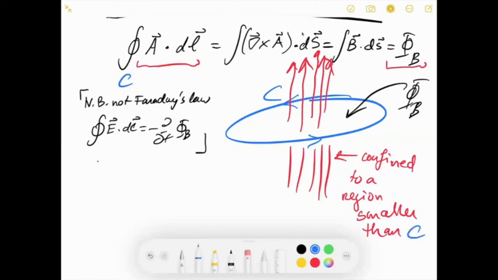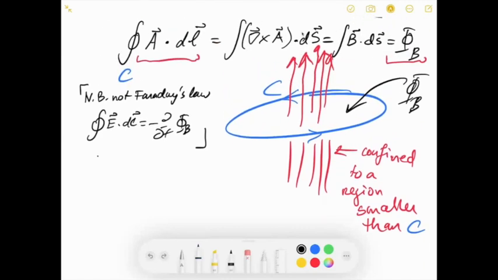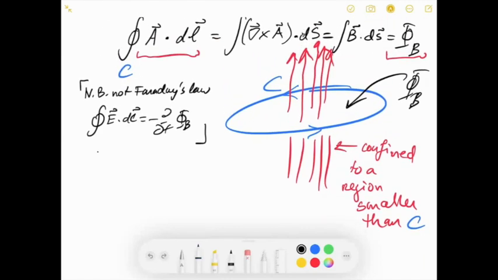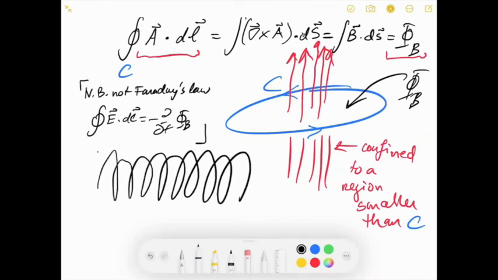Okay, how can we do that? Well, we know now that, for instance, we can do this with a solenoid. Remember that we had a solenoid like this, and we had a current that was flowing like this.